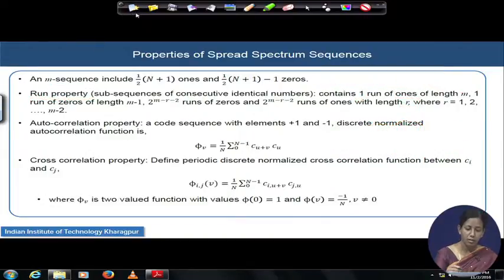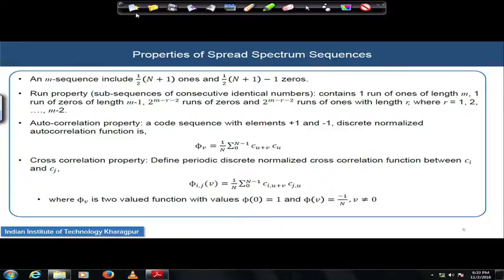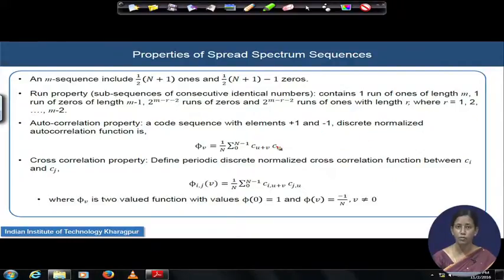The autocorrelation property, which we will discuss more in the next slides and next module, of this code sequence, the ML sequence, having elements of +1 and -1, in the discrete normalized fashion, will be discussed over 0 to n minus 1. Suppose we have n observation samples and the ML sequence is c(u), and nu is the delay.